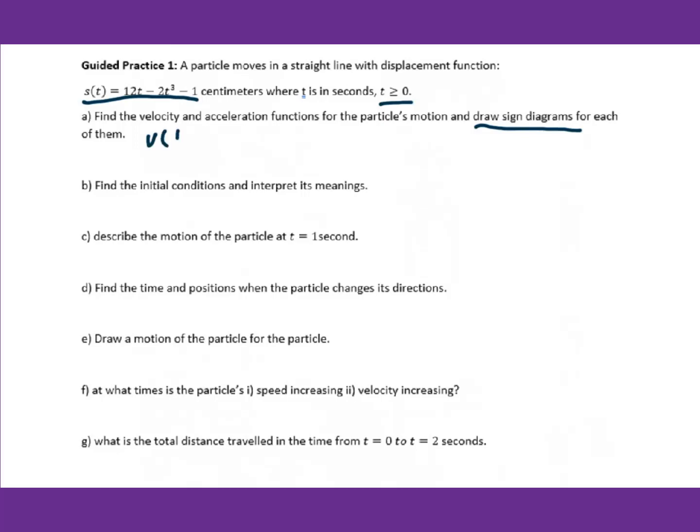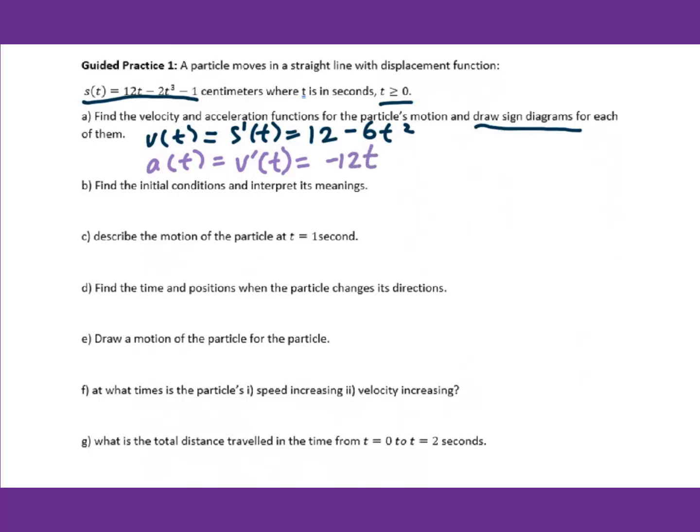So we have velocity equals the derivative of displacement. You will get 12 minus 6t squared. Acceleration equals the derivative of velocity, which equals negative 12t.